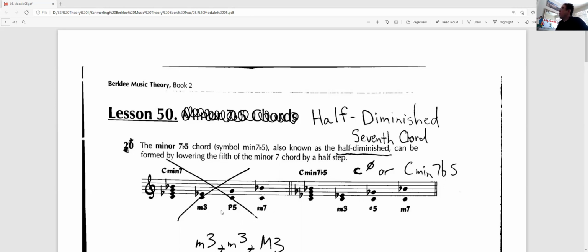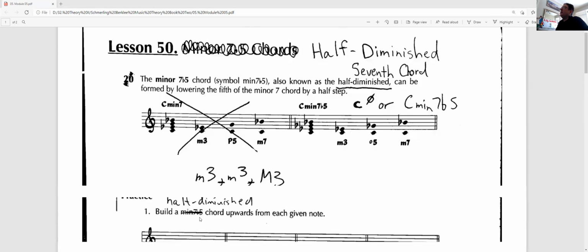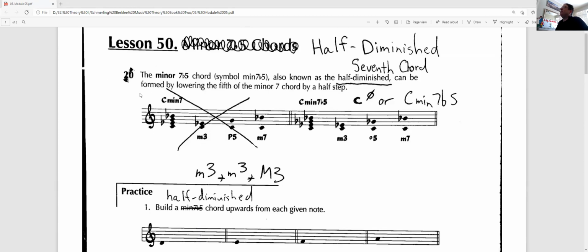It has it broken down by intervals here, a minor 3rd plus a diminished 5th plus a minor 7th, or you can think of it as a minor 3rd plus a minor 3rd plus a major 3rd. The function of this chord we will talk about in the second half of this class, but we need to talk about why we came up with minor 7 flat 5.